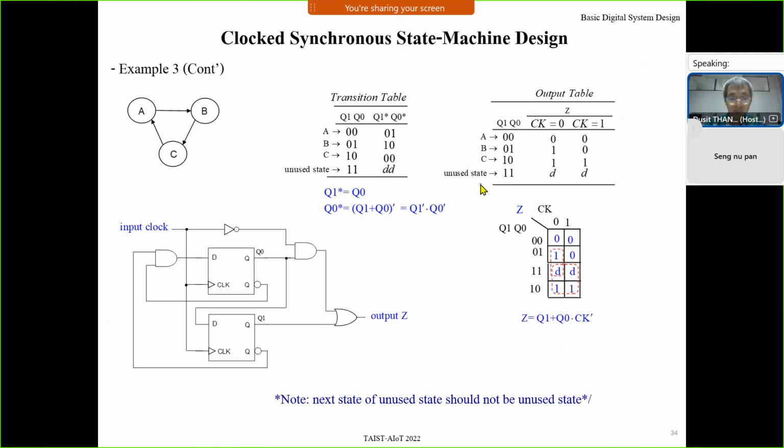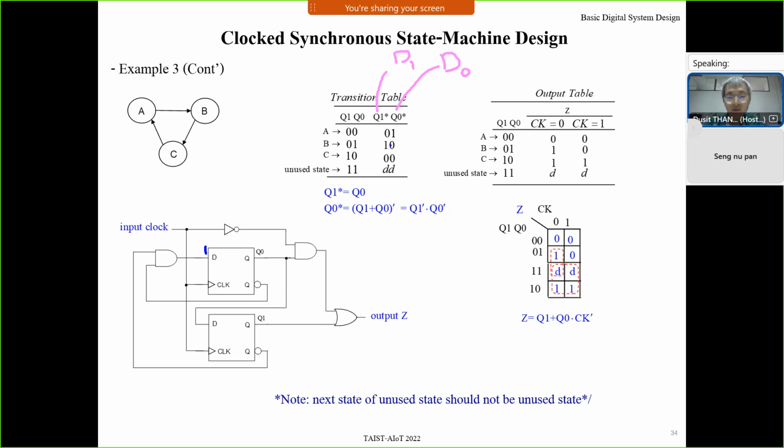And then I just convert this Q star to D, if you use D flip-flops, right? This is the same value as D1, and this is the same value as D0. Okay, this is D0, this is D1.